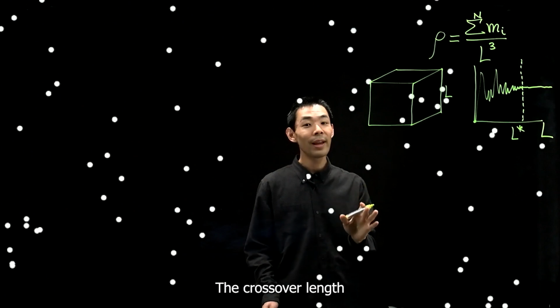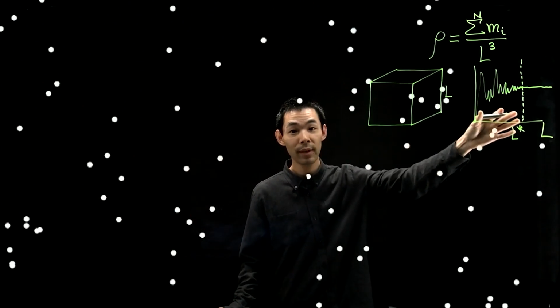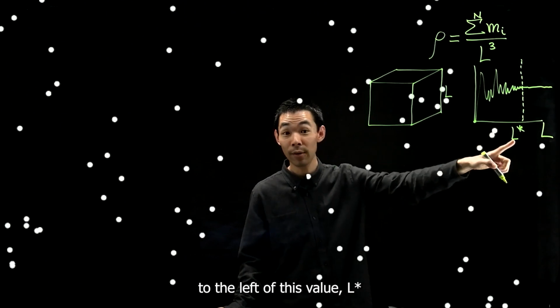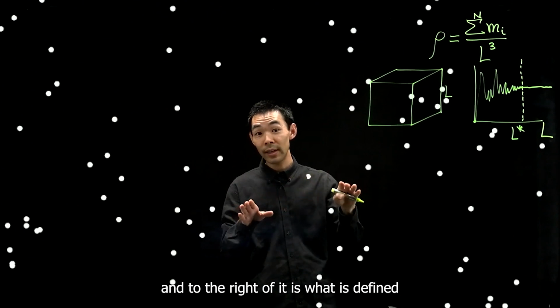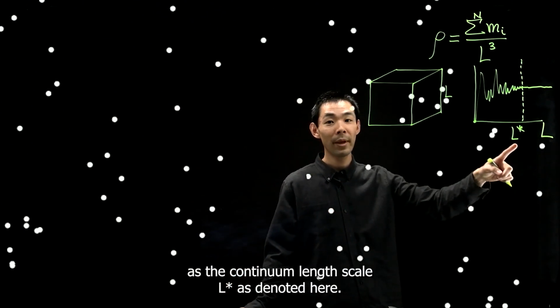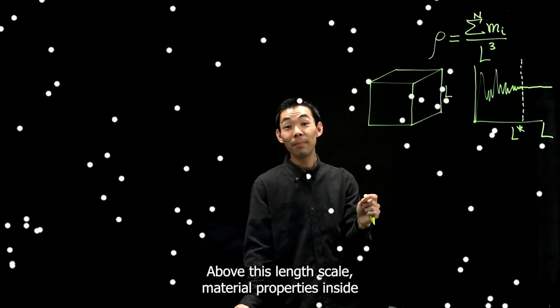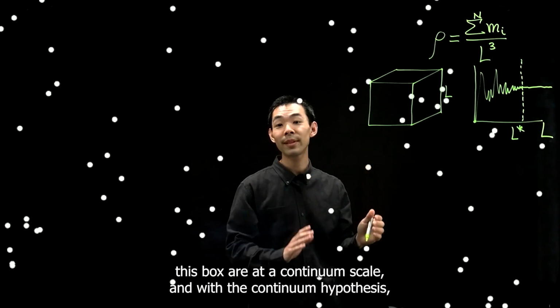The crossover length between the large fluctuating atomic length scales to the left of this value L star and to the right of it is what is defined as the continuum length scale L star, as denoted here. Above this length scale, material properties inside this box are at a continuum scale.